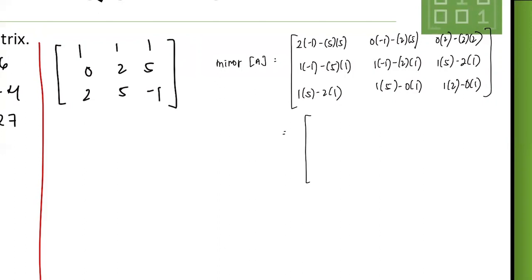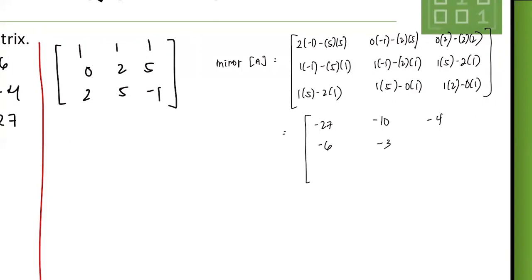So, this is 2 times negative 1 minus 25, negative 27. So, negative 10, negative 4. We have negative 1 minus 5 is negative 6, negative 3.